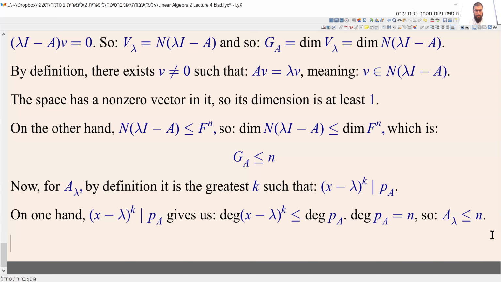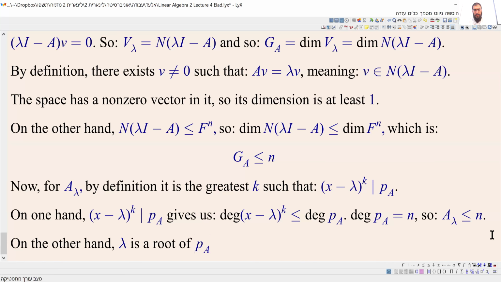On the other hand, we know that lambda is a root of PA.